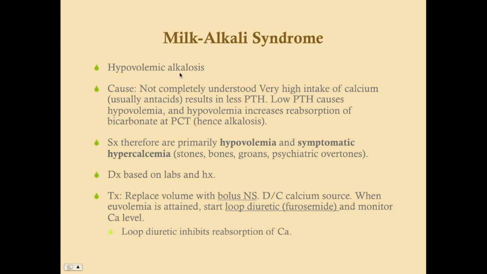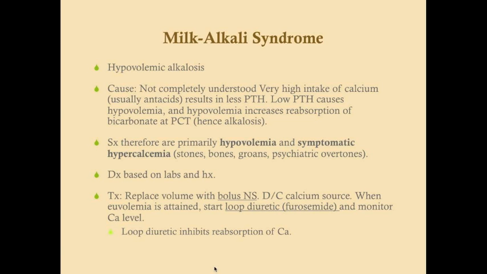Having that high blood calcium, due to a complex mechanism, is causing hypovolemia. So we give them fluids to correct the hypovolemia, and then we give them loop diuretics to allow them to get rid of the excess calcium. And of course, we want to discontinue the calcium source.